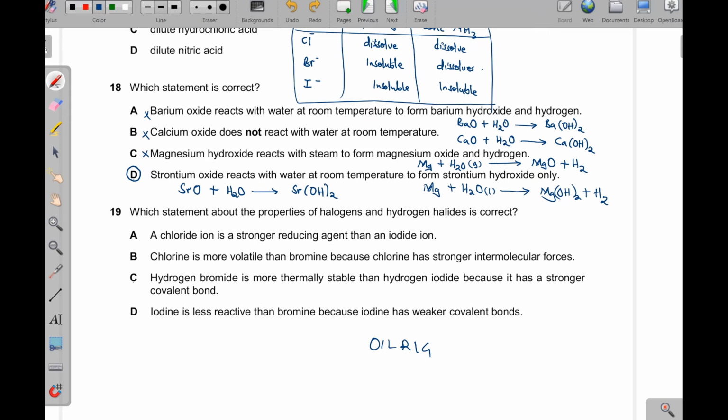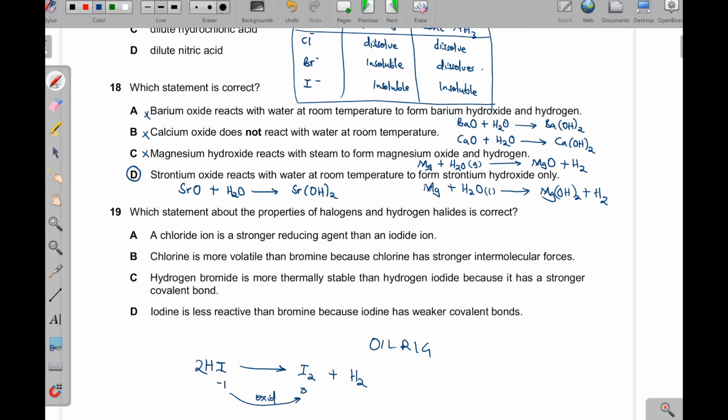Now when you look at, let's say this one here, hydrogen iodide breaks down to iodine, and then what? Hydrogen. Now here, the oxidation state of iodine is -1, but here it is 0, so it has been what? Oxidized.